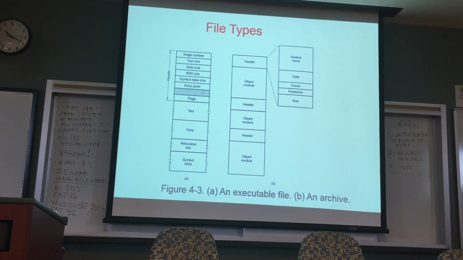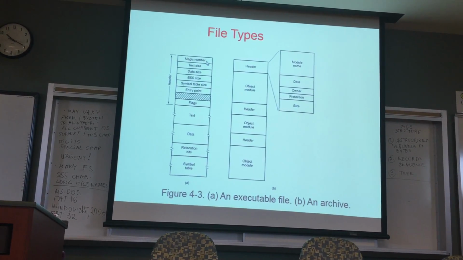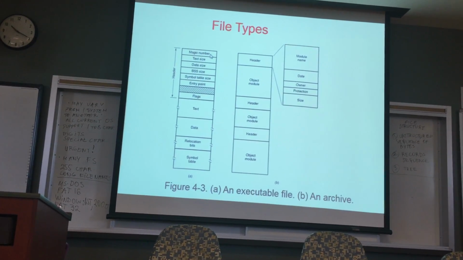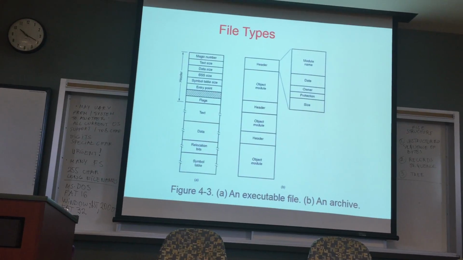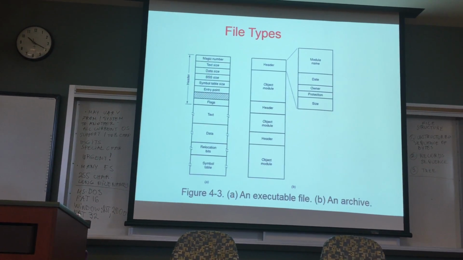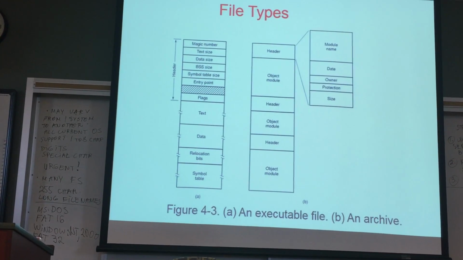This whole part is the header, but this magic number on the top indicates that this is an executable file and identifies it as such so the operating system knows and can execute it.